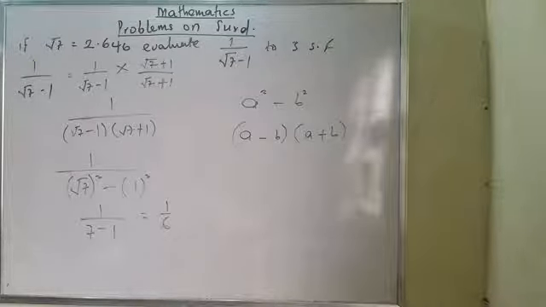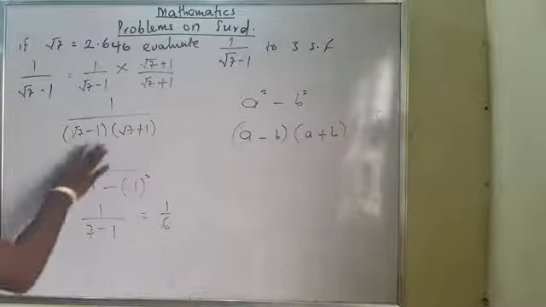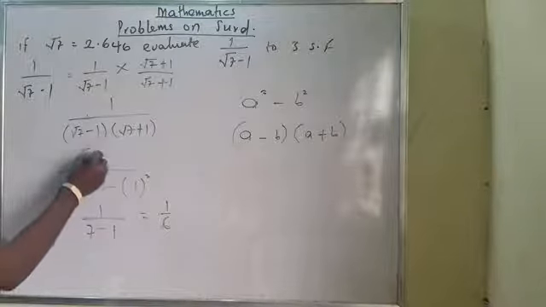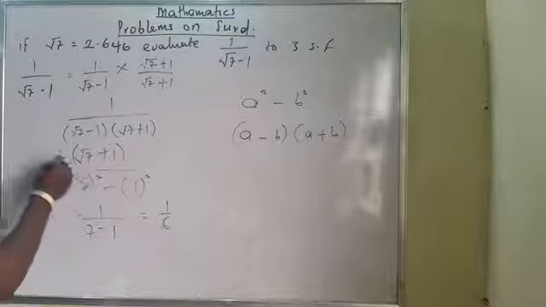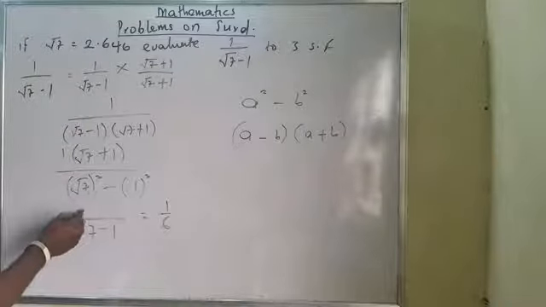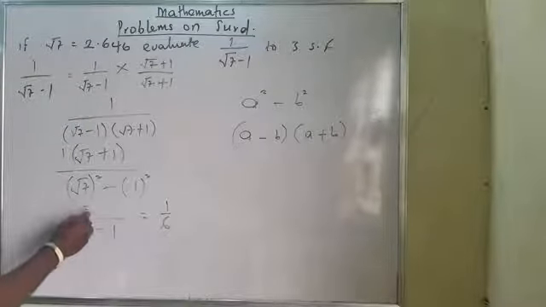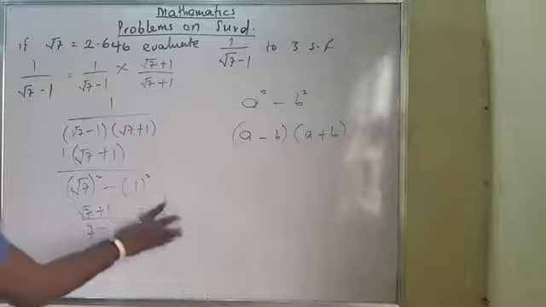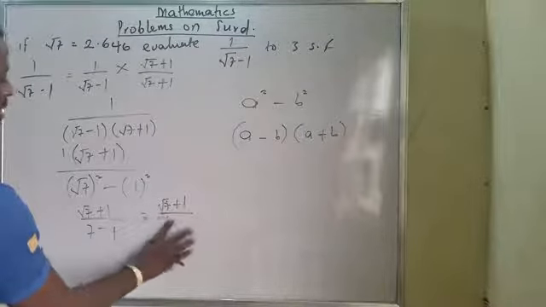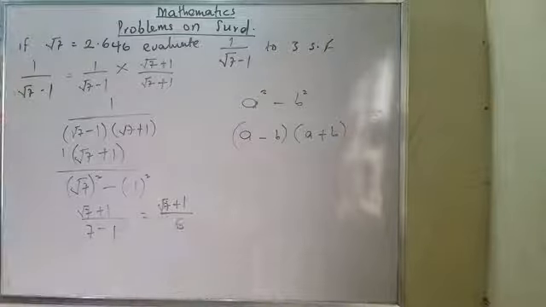1 divided by what? By 6. Oh, sorry. This is multiplied by, I forgot my denominator, which is root of 7 plus 1, multiplied by 1. Now, here will be equal to root of 7 plus 1 divided by 6. Take note of that.